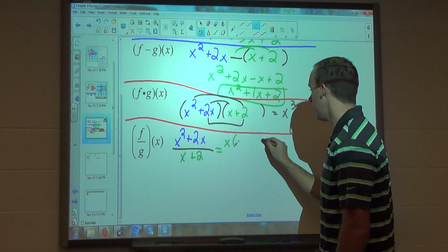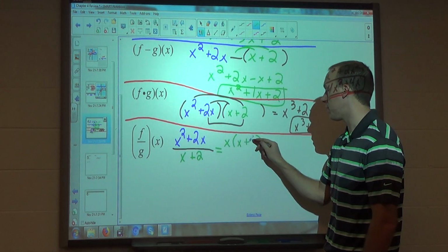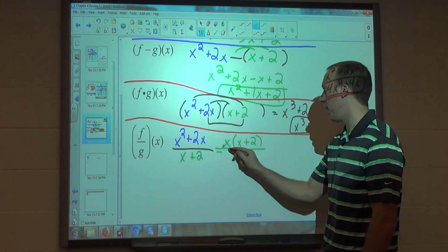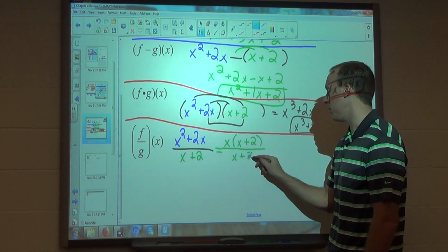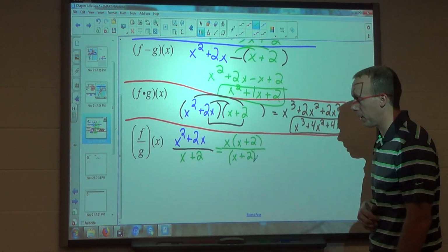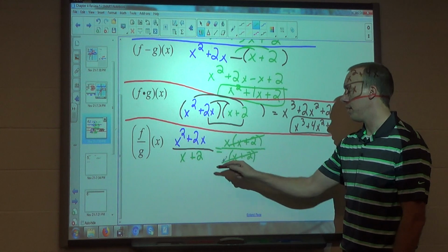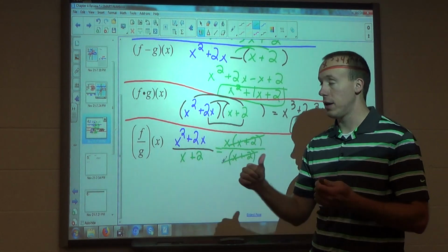An x. And then after that, I would take out an x and I'm left with an x plus 2. And then on the bottom I have an x plus 2. Now do you notice if I put parentheses on the bottom, because I'm grouping the entire bottom, I now have something in common. It'll cancel on the test. So you got to factor and then cancel.